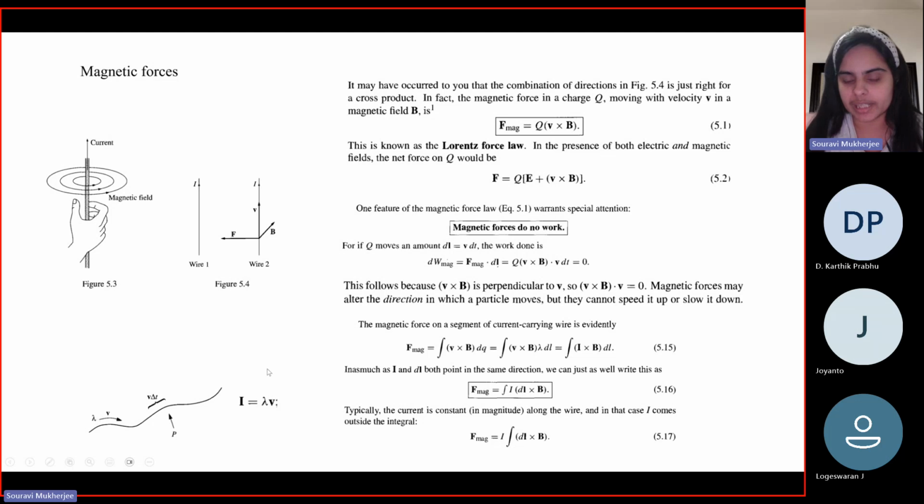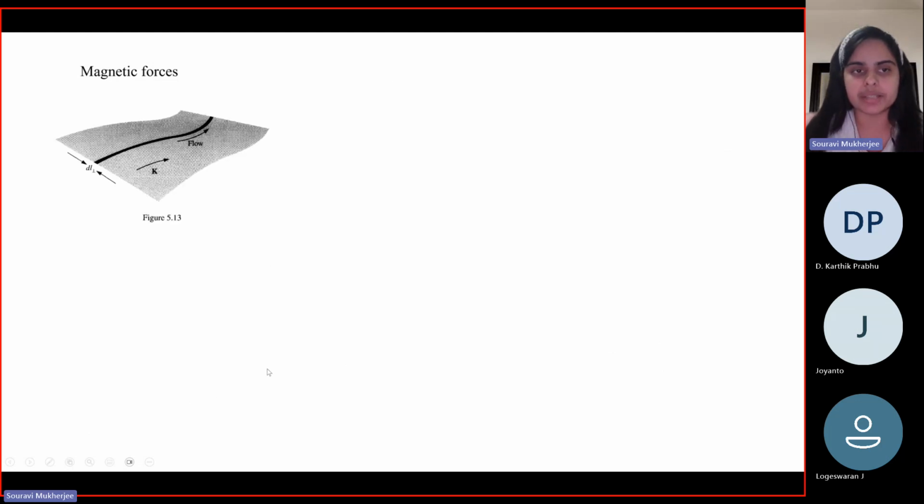So in one dimension. Now, if you have something in two dimensions, so if you have a sheet over which current is flowing, then what you define is a surface current density. So if the surface charge density is sigma, then sigma times V will be your surface current density. And then you do the same.